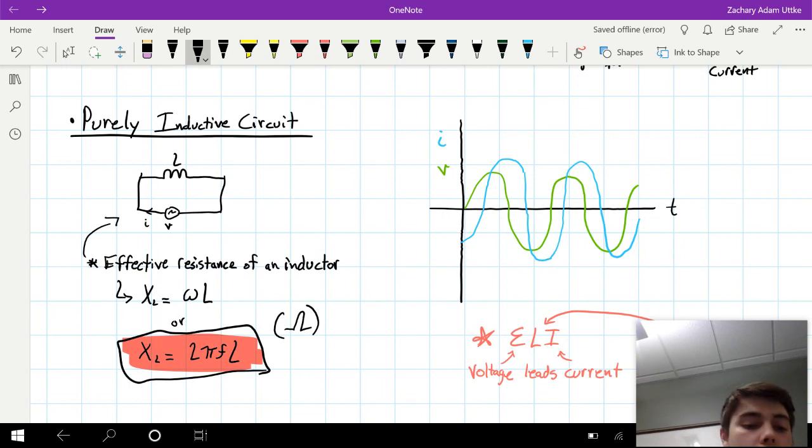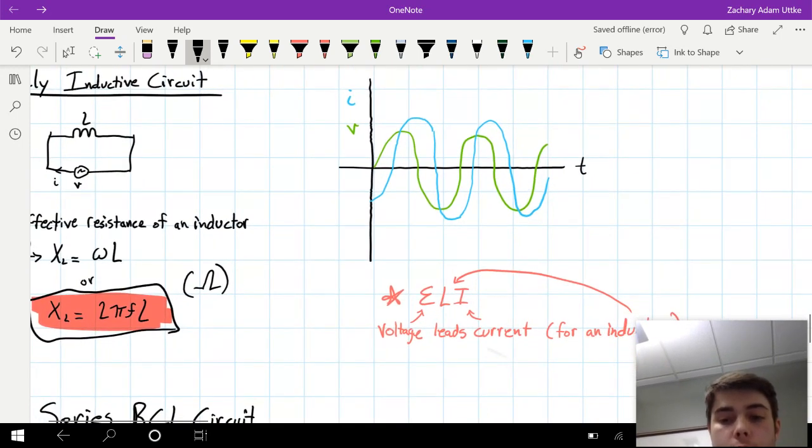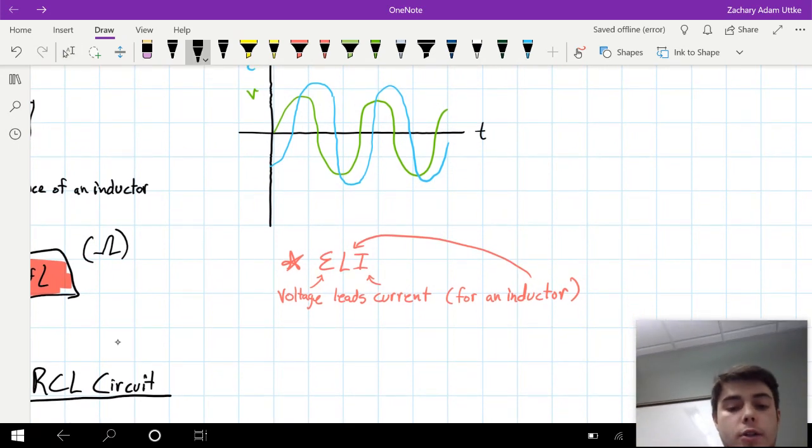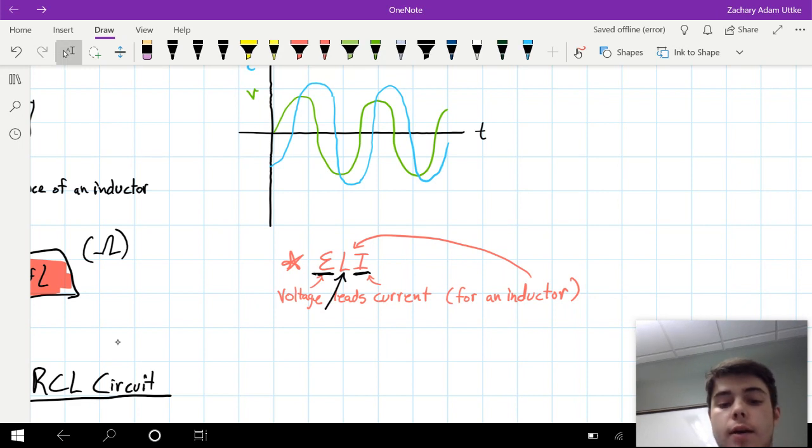So the reactance X_L equals 2 pi times the frequency times the inductance. Okay? And the other part of our mnemonic trick is that the voltage, E, leads the current in an inductor, L, and it leads the current. So E comes before I in an inductor.